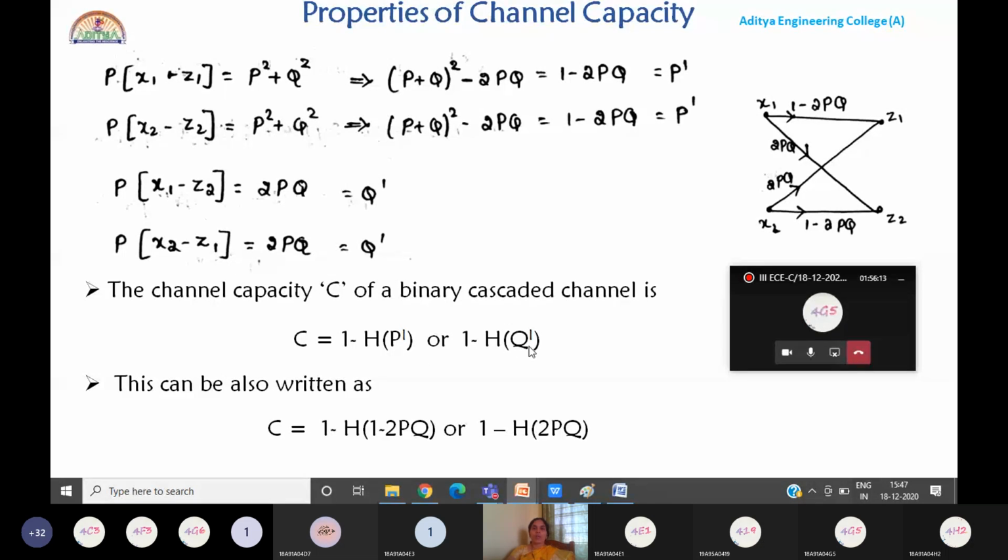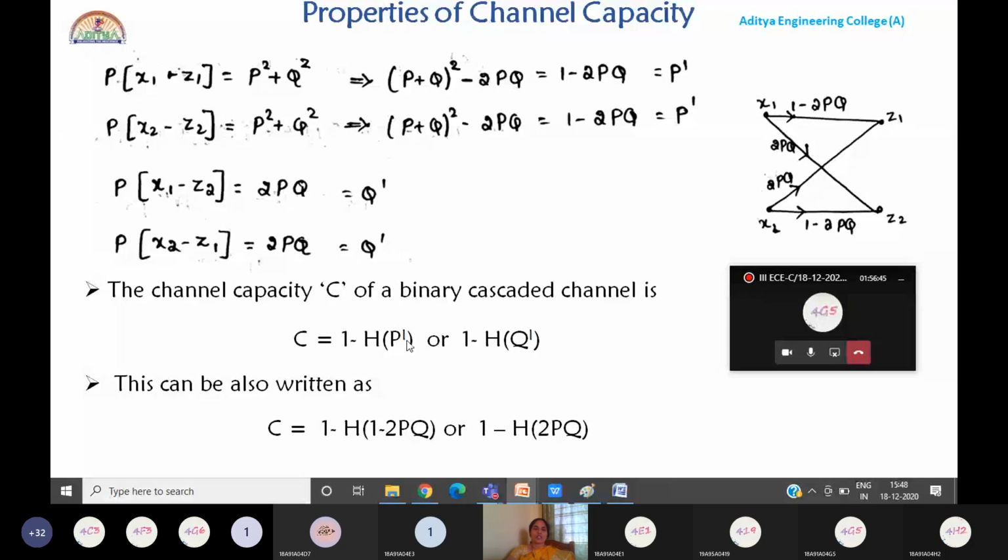But here, instead of p we have 1 minus 2pq, that is p dash. So 1 minus h of p dash, the entropy of p dash, that is h of 1 minus 2pq or h of 2pq.